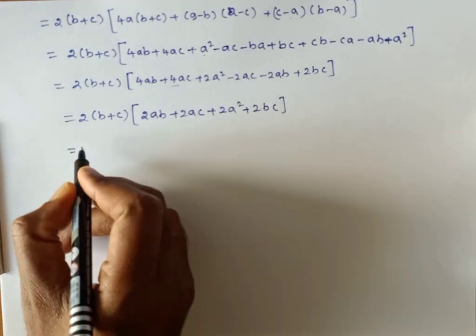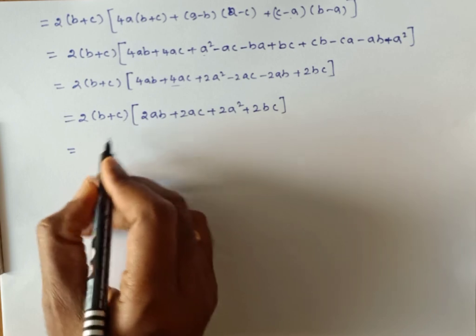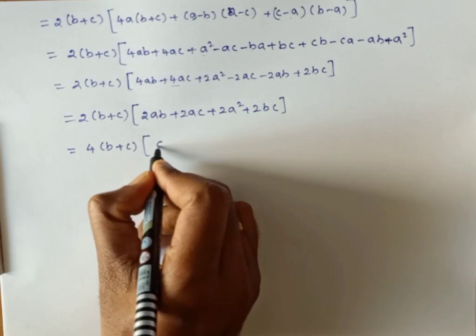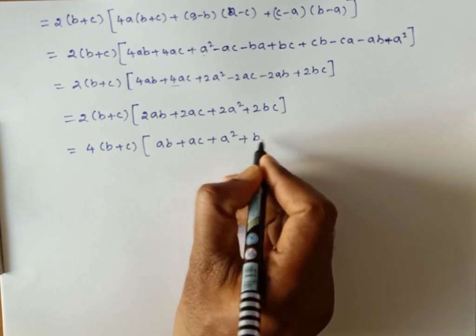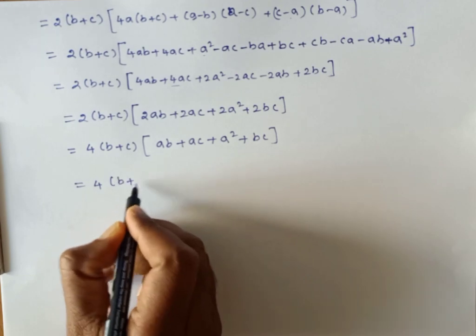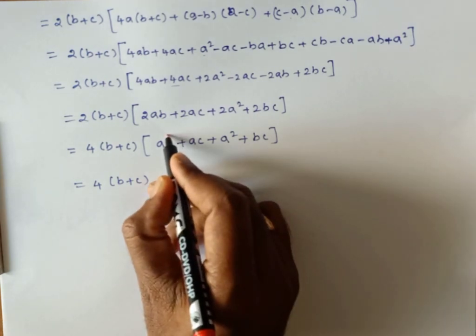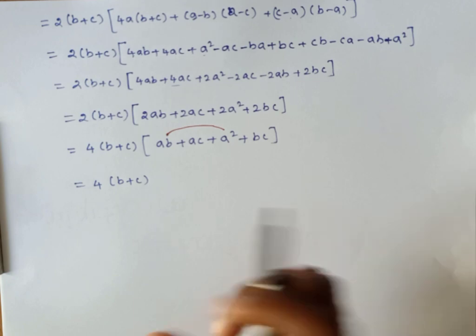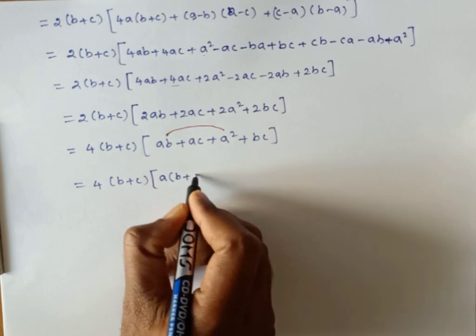Now again the 2 is common. So it becomes 4 times of b plus c. Again it is ab plus ac plus a square plus bc. Now you can observe the first and third term. In this a is common, so that it is b plus a, right?